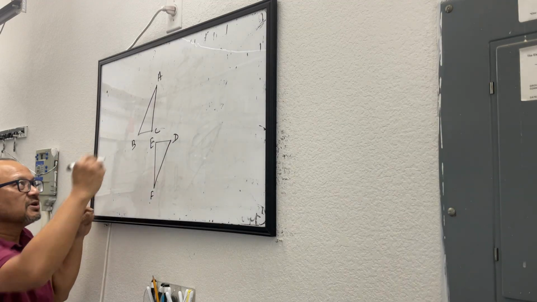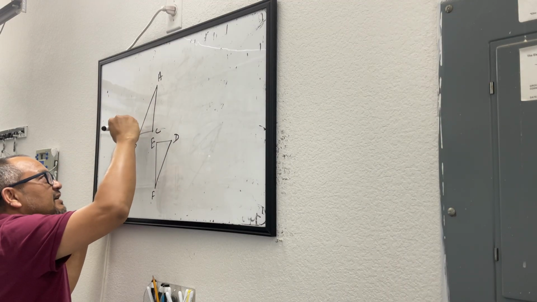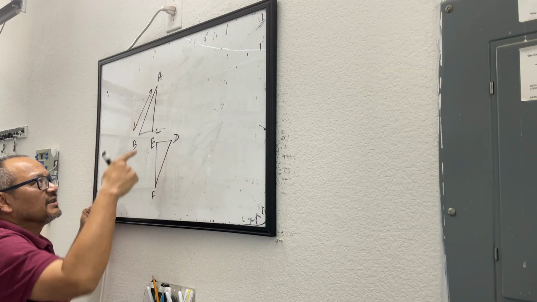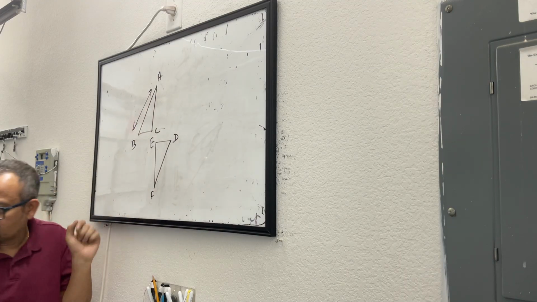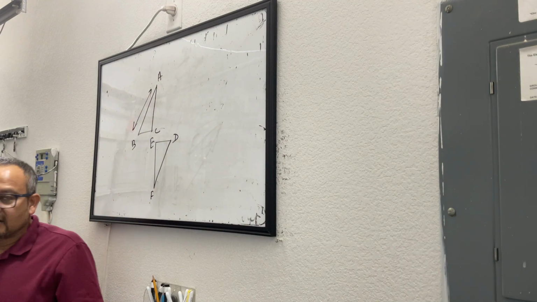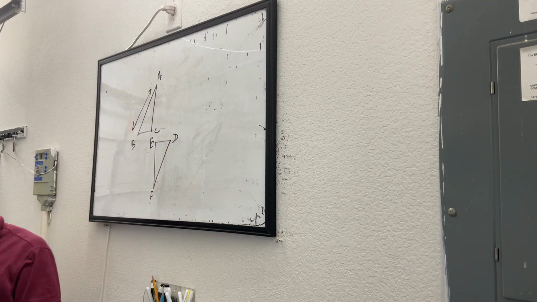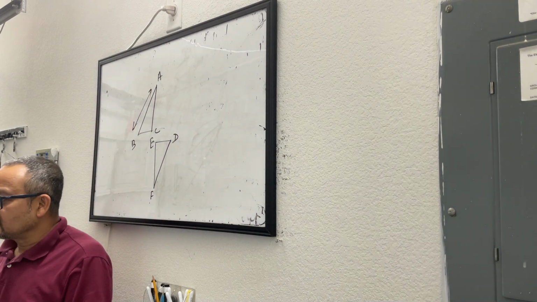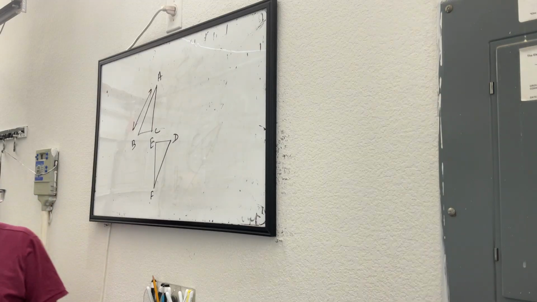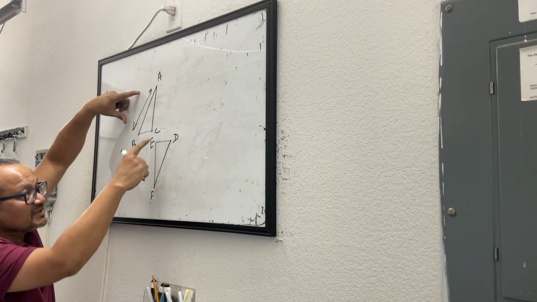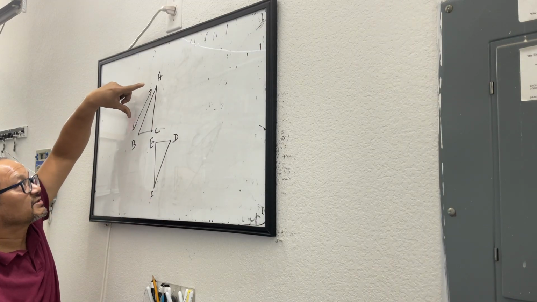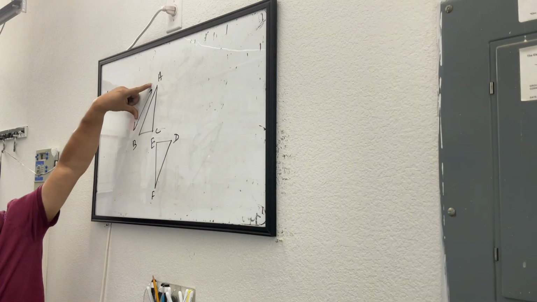I'm saying these two triangles are similar. This triangle and this triangle are similar. My question to you guys is, which side in this triangle is corresponding to this side?